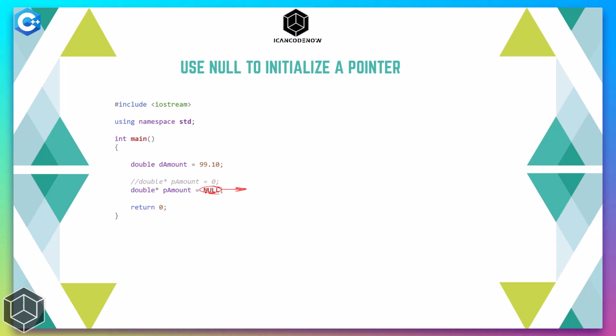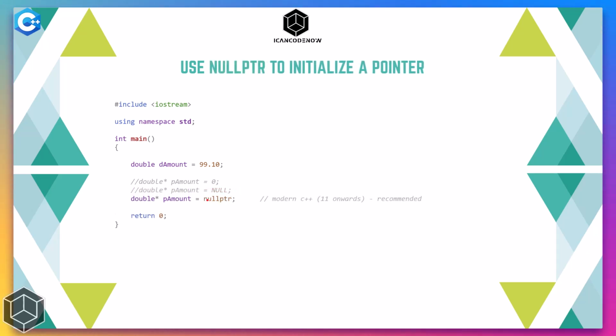And also in modern C++, since C++11, nullptr was introduced, which is basically used to initialize pointers with null value, pointers that do not point to any memory location. We use this nullptr. This nullptr is recommended, and it is only available in modern C++.